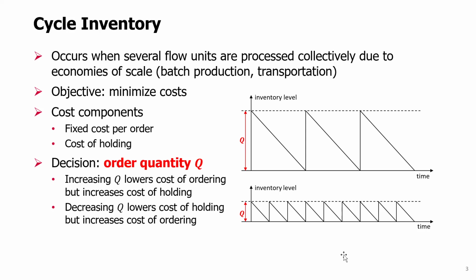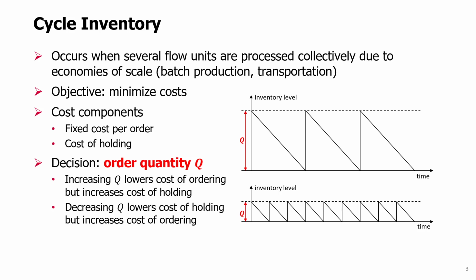Now, of course, in realistic cases, the conditions might change, and then we might want to recalculate some of the models that we have and find the new optimal order quantity for the new situation.